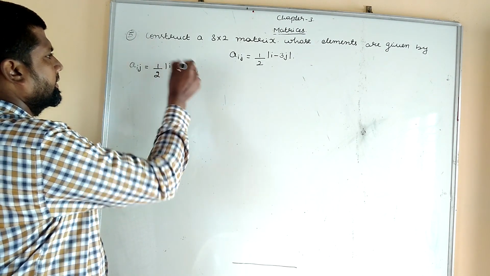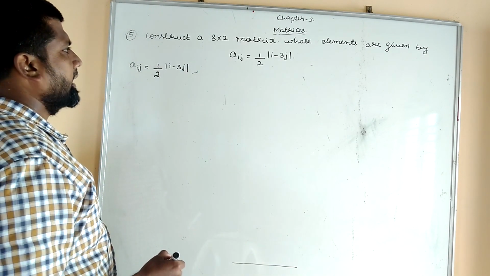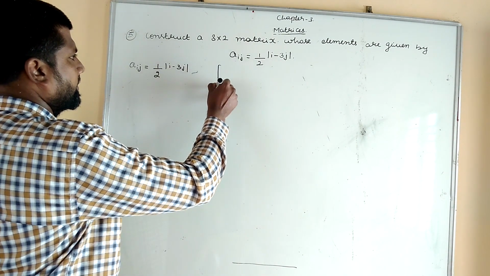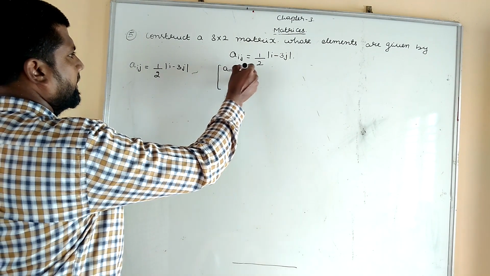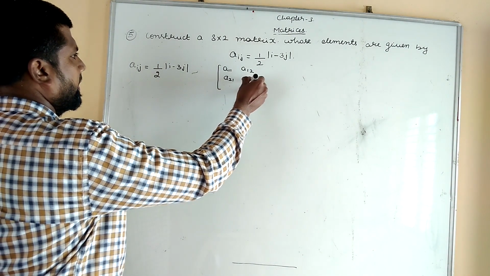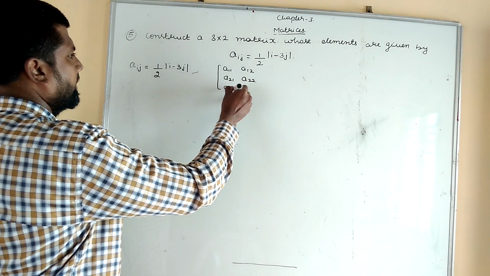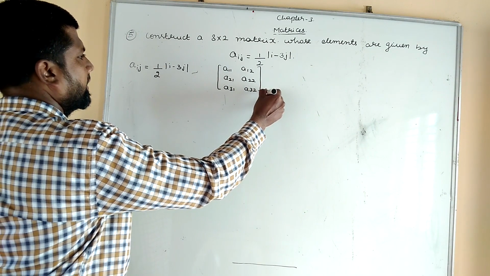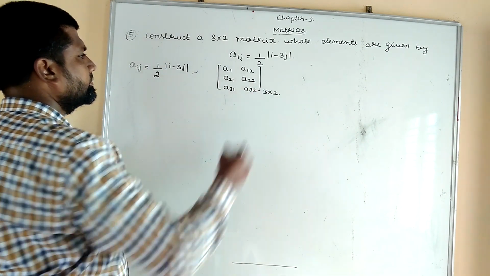Let us write the general form of the matrix of order 3 cross 2: a11, a12, a21, a22, a31, a32. This is a general matrix of order 3 cross 2.